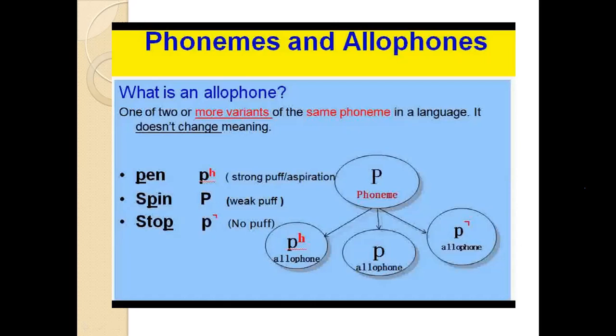Two or more variants: in pen, the p has a puff of air, but in spin, the p becomes weak, with no puff sound. We can see allophones mostly in the middle or at the end of words. Phonemes, in contrast, are mostly seen at the start of a word. If you change a vowel or a consonant, the sound changes.